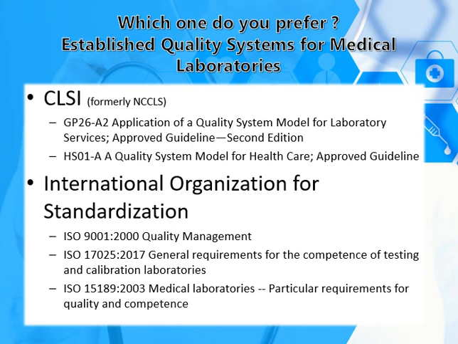For CLSI, the QMS comes with two types, which are GP26-A2 and HS01-A. GP26 is an application of a quality system model for laboratory services, and HS01 is a quality system model for healthcare approved guideline.